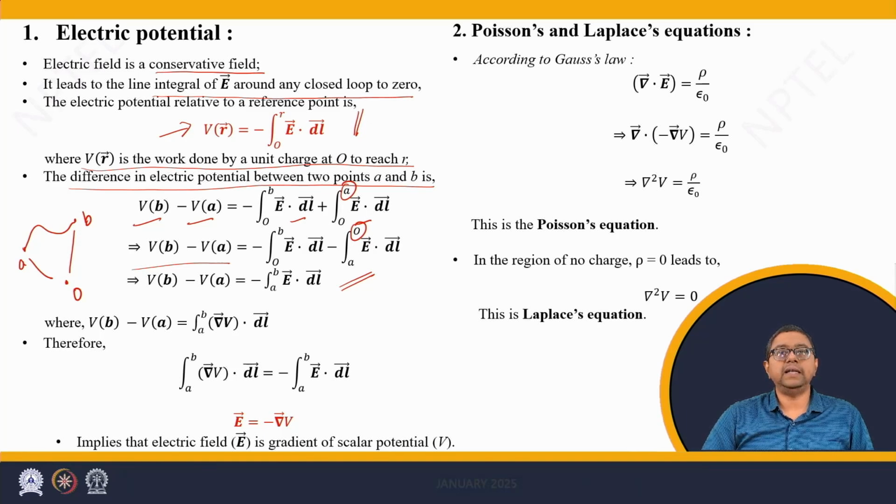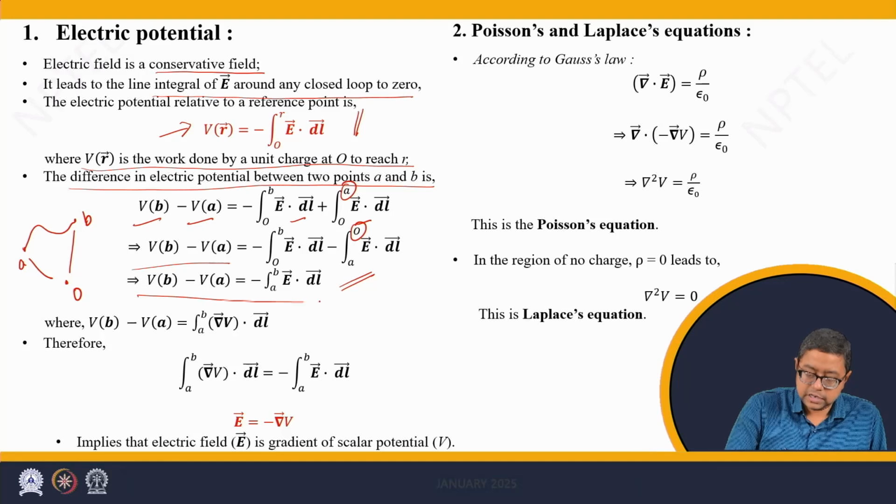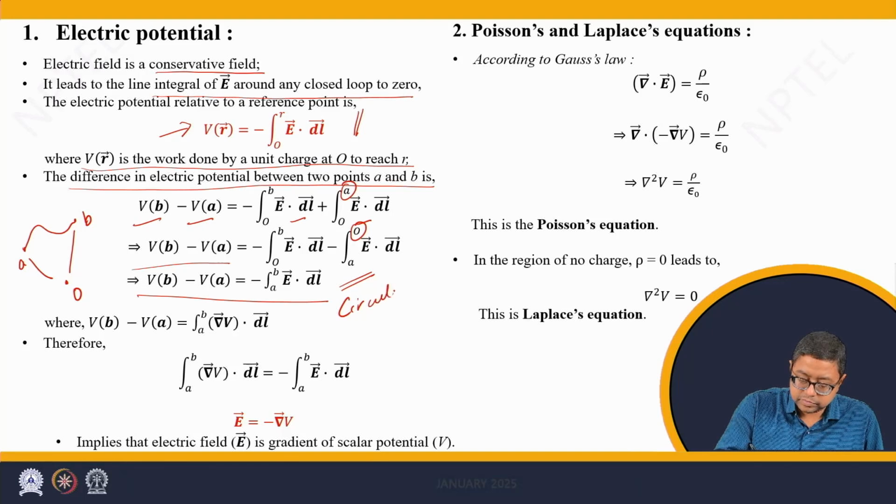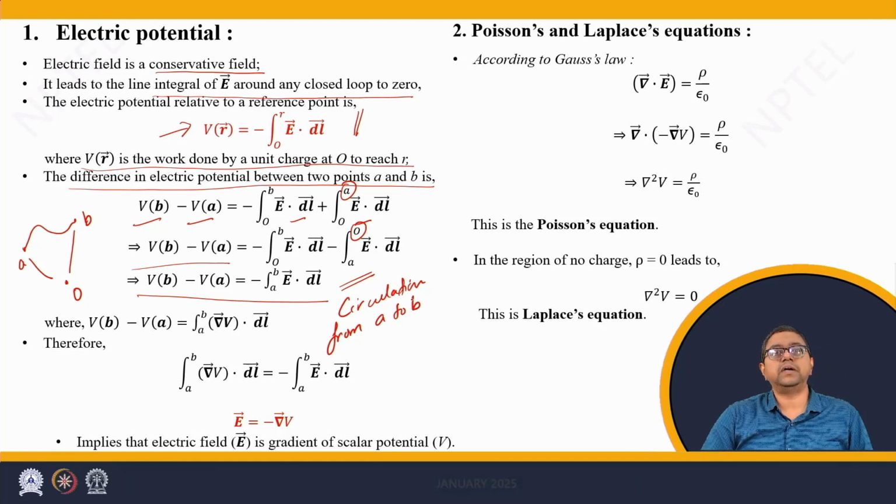Now, by combining this, we obtain Vb minus Va equals minus integral A to B of E dot dl. This is nothing but the circulation from A to B, or the line integral of E along any path joining A to B. Since this is a conservative field, the path is not a factor.